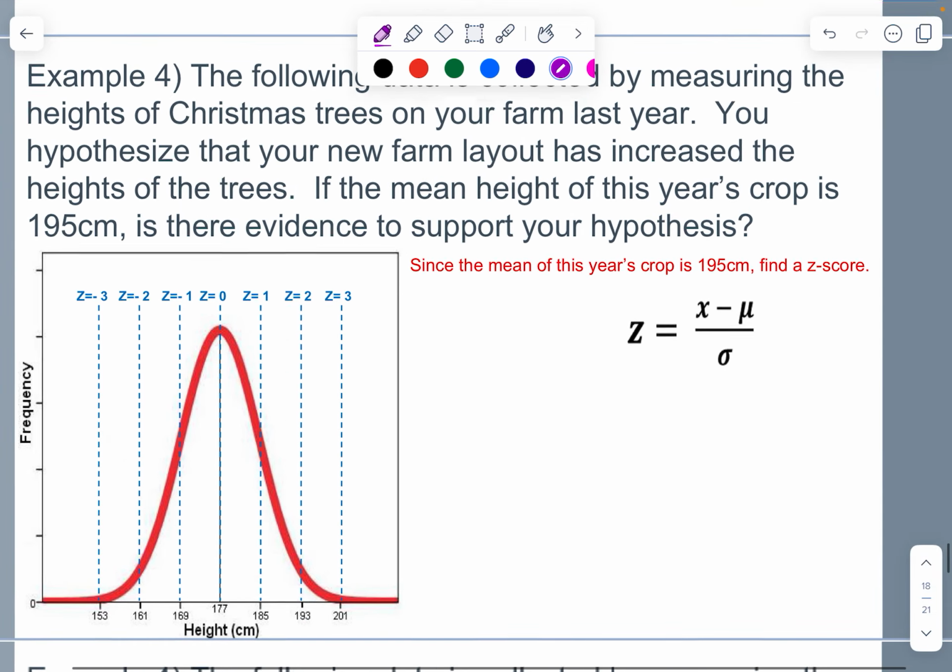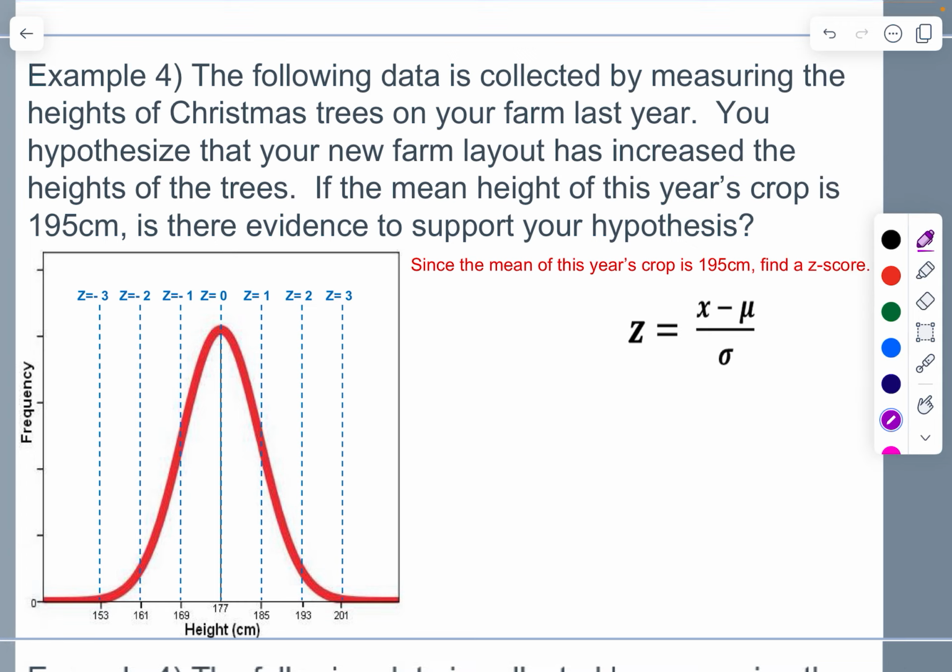So here's an example where we can use hypothesis testing. The following data was collected by measuring the heights of Christmas trees on our farm last year. You hypothesize that your new farm layout has increased the height of trees. So you grow Christmas trees, let's just say, and then you decided to change where you were going to grow the trees.